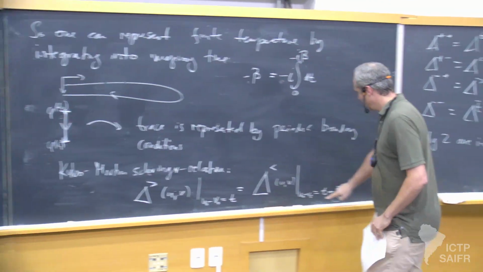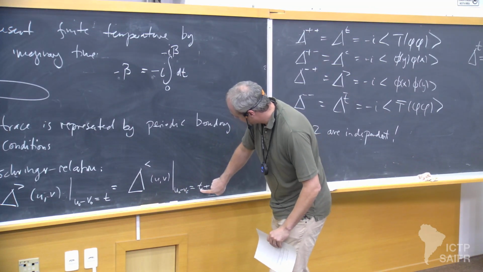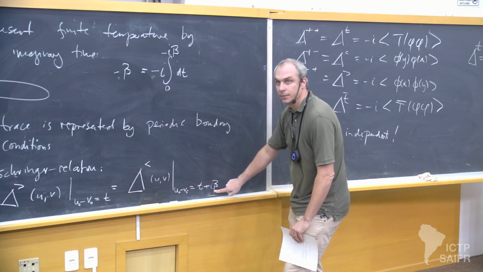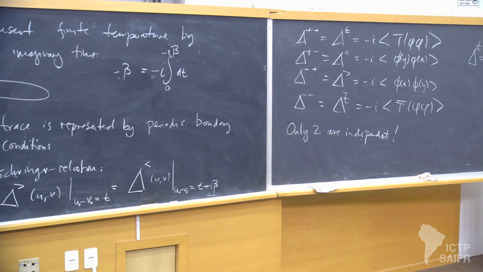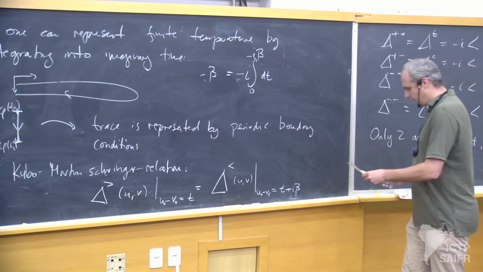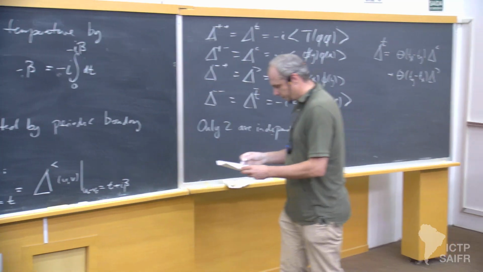And this basically just takes care of the boundary. So here you are at time t, and here you are at time t plus I beta. So this is representing the trace in this construction. And this is then called the KMS relation.